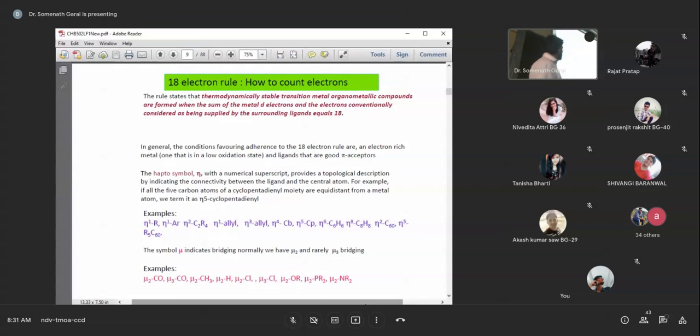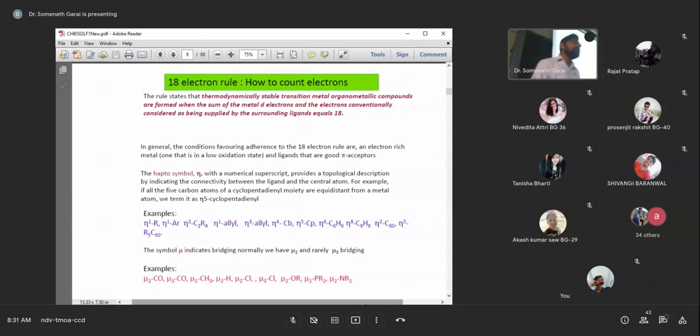Fine. So now, if, for example, the 18 electron has to be counted for a complex, then you should know how a particular metal is giving how many electrons and how many electrons are now coming from the ligand. Because both the metal and the ligand can donate electrons.